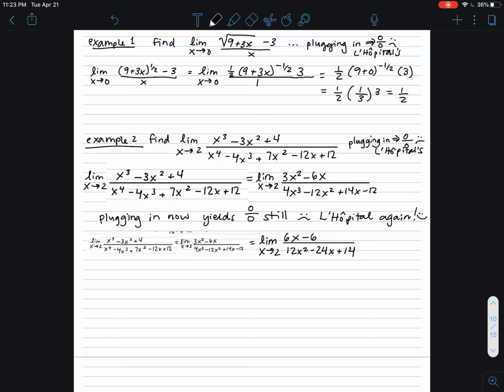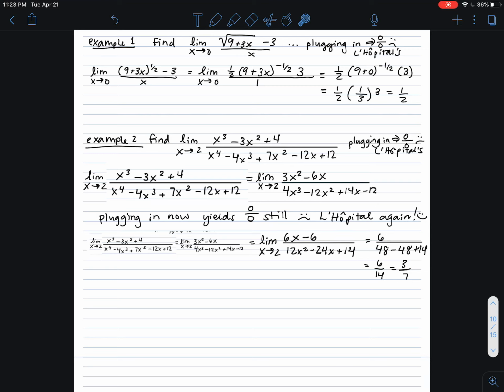And if we plug in 2, we're going to get 6 in the numerator over 48 minus 48 plus 14, which is 6 over 14, which we can simplify to 3 over 7. Again, you can do the simplification in something like Symbolab if you're not great with arithmetic.